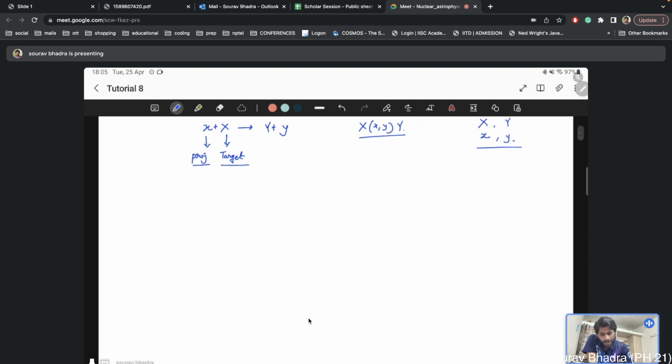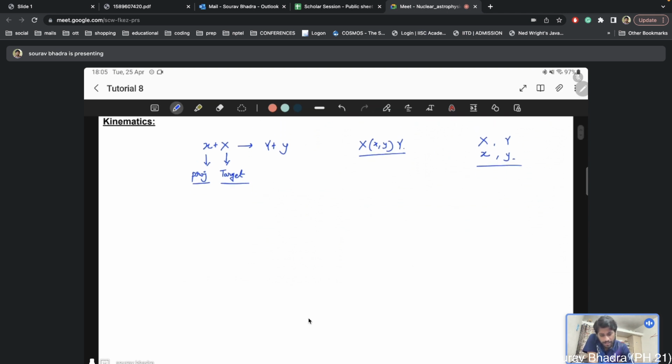So what happens in a nuclear reaction? Generally, a projectile with some kinetic energy, with mass m with subscript small x, comes towards a heavier nucleus. Let us say it is capital M with the subscript capital X, that means the mass of the capital X nucleus.